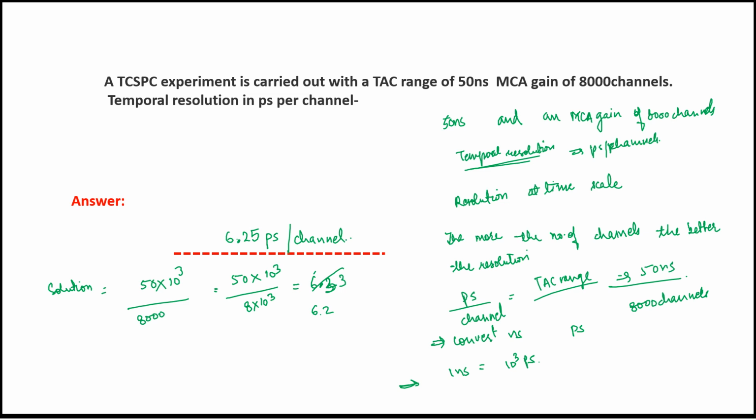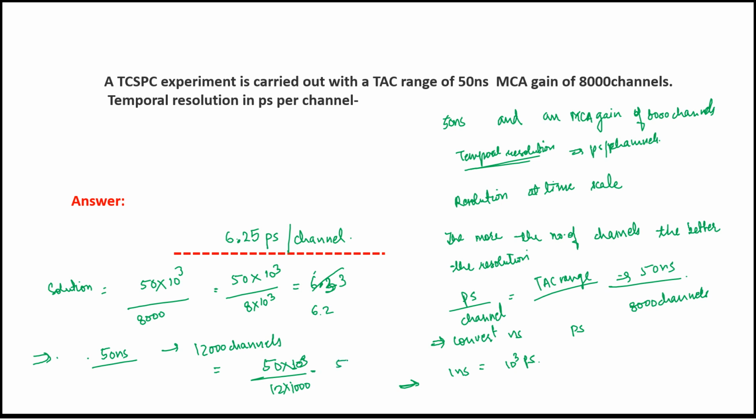Okay. Similarly, what our point was, if you increase the number of channels, taking the same range of 50 nanoseconds, say now we have taken 12,000 channels instead of 8,000. Then how will it change? It will come to be 50 into 10 to the power 3 whole upon 12,000.